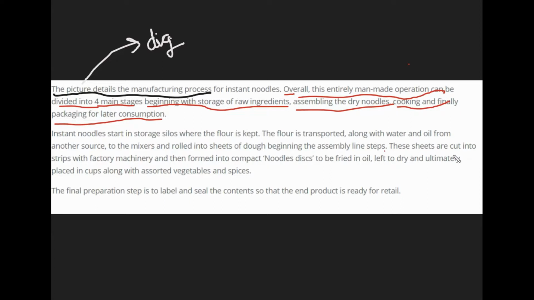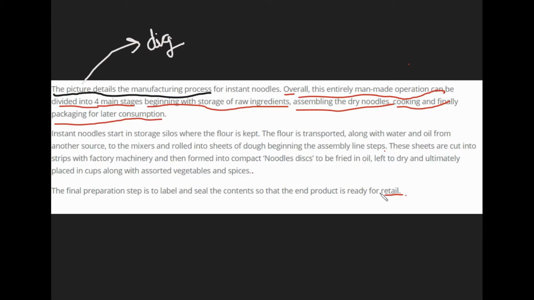These sheets are cut into strips with factory machinery and then formed into compact noodle discs to be fried in oil, left to dry, and ultimately placed in cups along with assorted vegetables and spices. Right. The final preparation step is to label and seal the contents so that the end product is ready for retail. Now retail here means for the consumption of the people.